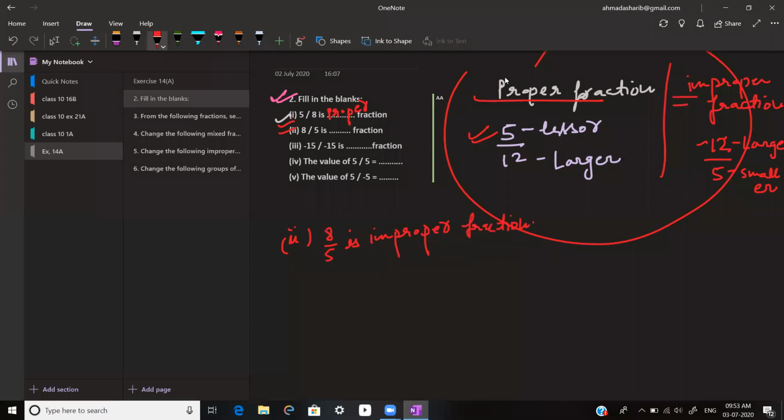Okay. Now, the third part, minus 15 upon minus 15. Now tell me, what fraction is this?